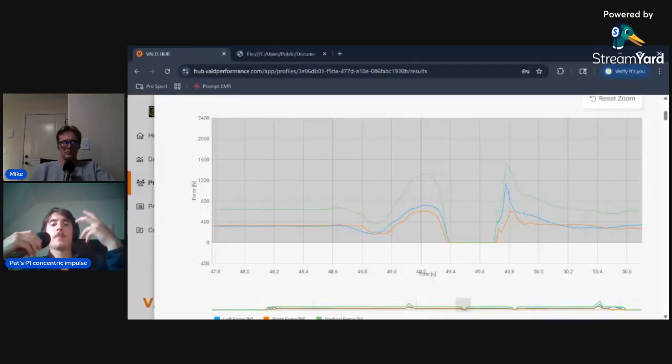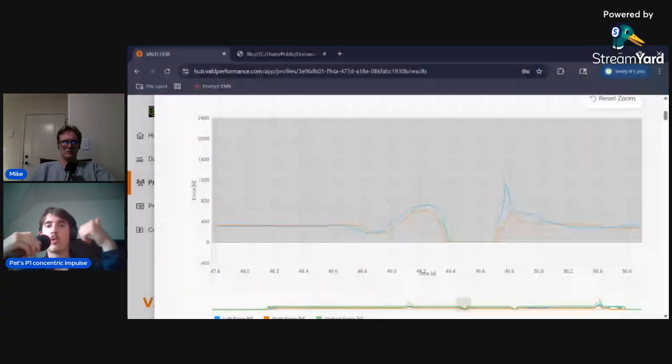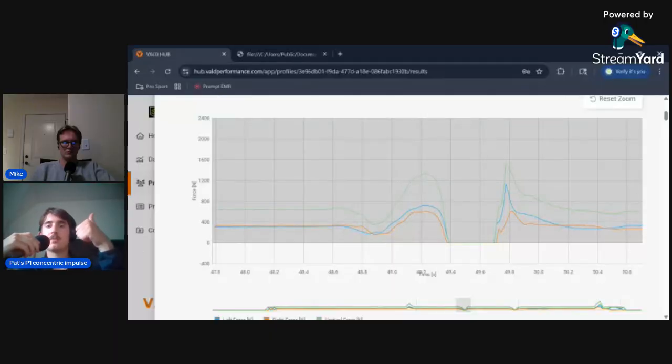So we utilize these tests to see is this patient offloading that knee when they're going towards the actual beginning of the concentric phase.